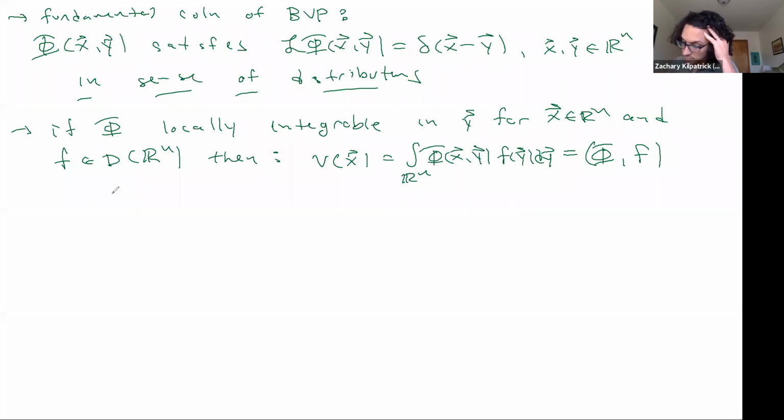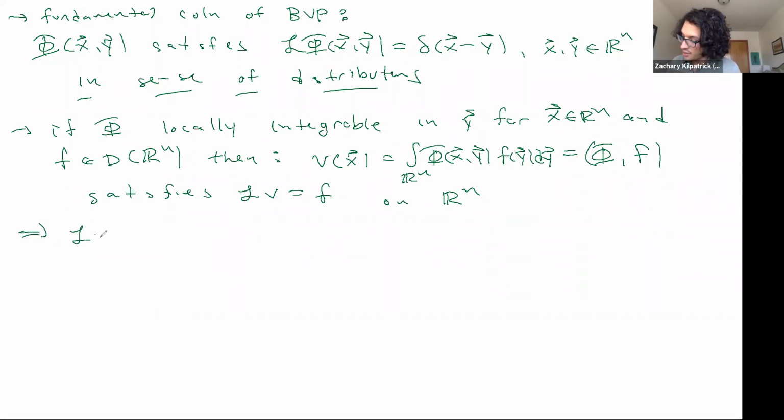It satisfies Lv equals f, but specifically on Rn. So we're still not tackling the problem of putting this on that domain capital U. We're saying this is true in Rn.